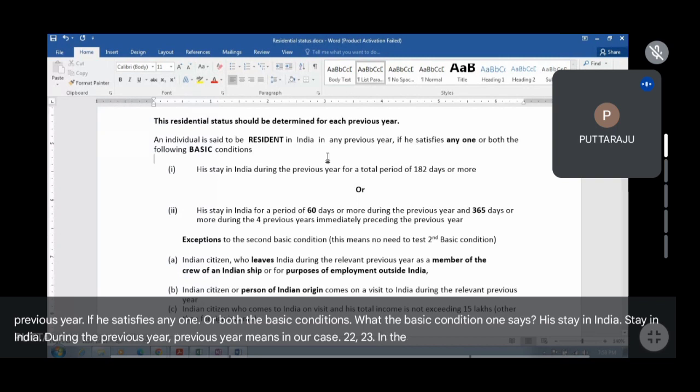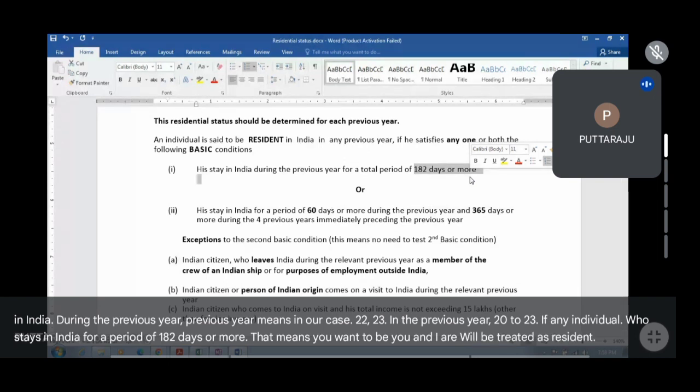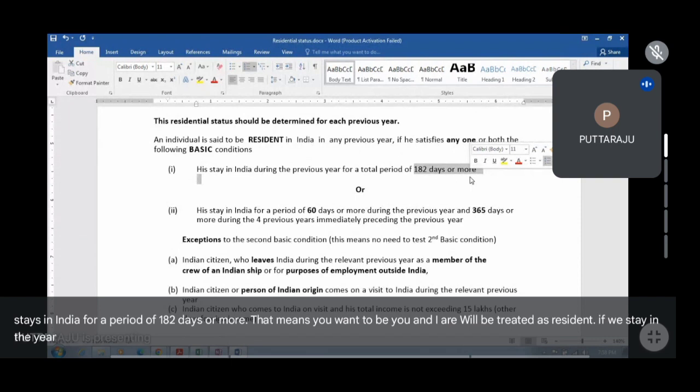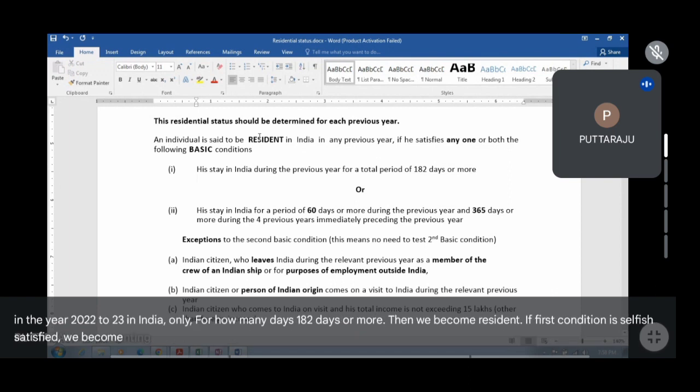In the previous year 22-23, if an individual stays in India for a period of 182 days or more, that means you and I will be treated as resident if we stay in India for 182 days or more in 2022-23. Then we become resident. If the first condition itself is satisfied, we become resident.